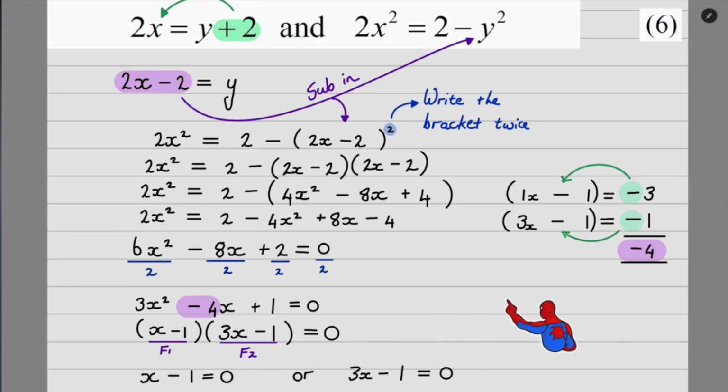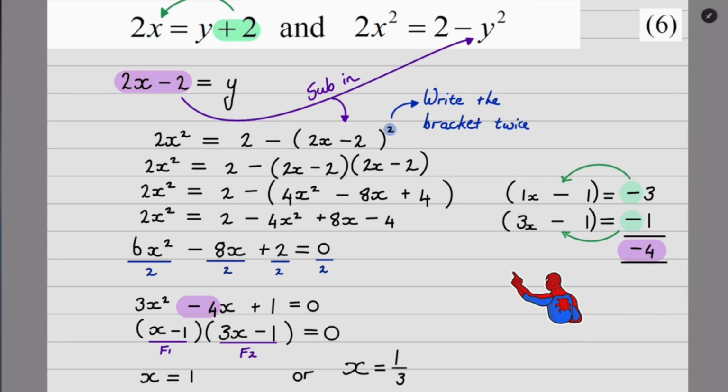So we get x equals 1. And then with factor 2, I'm going to take this minus 1, take it over, it becomes plus 1. 0 plus 1 is just 1. And then I divide both sides by 3 to get rid of this 3 over here. And then these 3's cancel with each other, and it just leaves me with x equals a third.